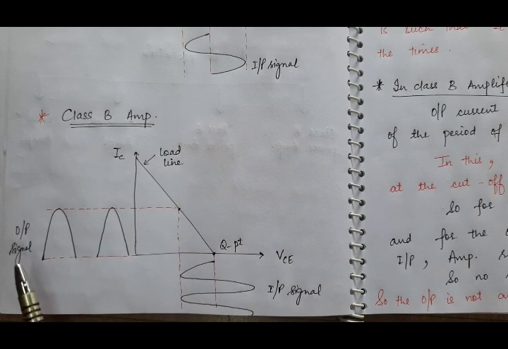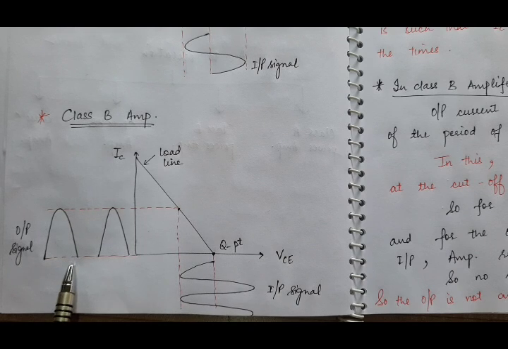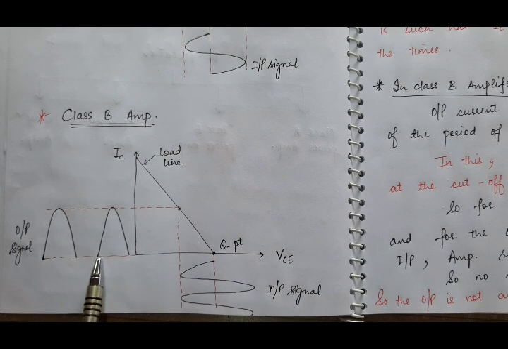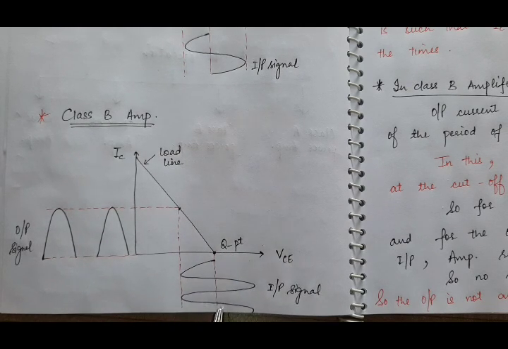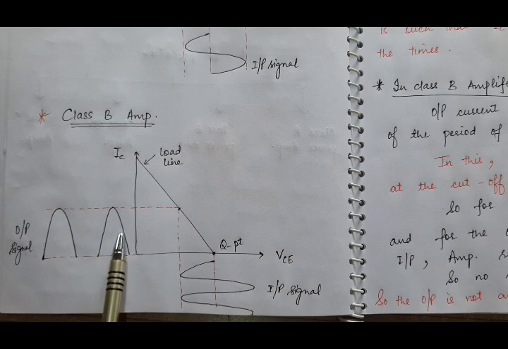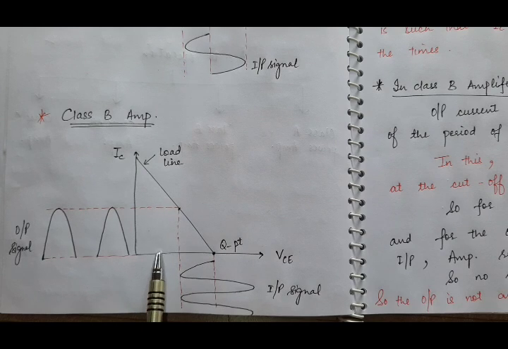And the collector current flows only for one half of the input cycle. And then for the next half of the input cycle, collector current is 0. Then again for this half, we have the collector current for one half of the input cycle, and again for this half, the collector current is 0.